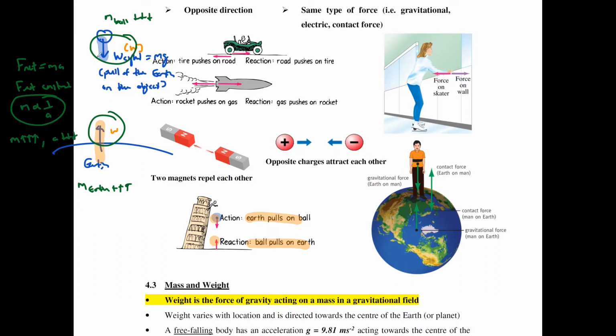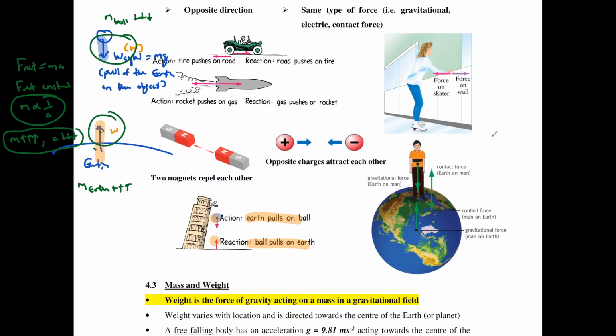Although the ball and the Earth both have forces exerted on them, you don't really see the Earth moving because its large mass causes very little acceleration, which is negligible. But compared with the mass of the ball, because the mass of the ball is very small, you have a very large acceleration. You can clearly see it moving. Okay, so this is the action reaction pair.